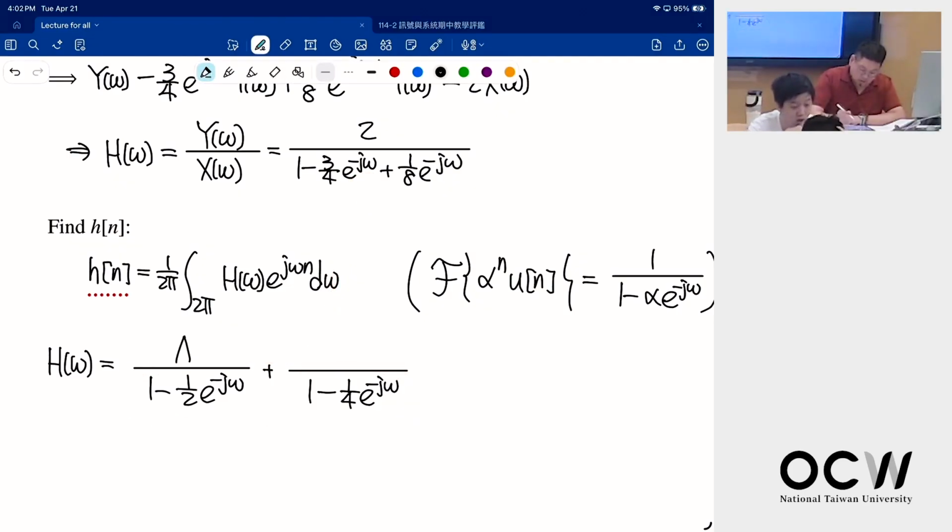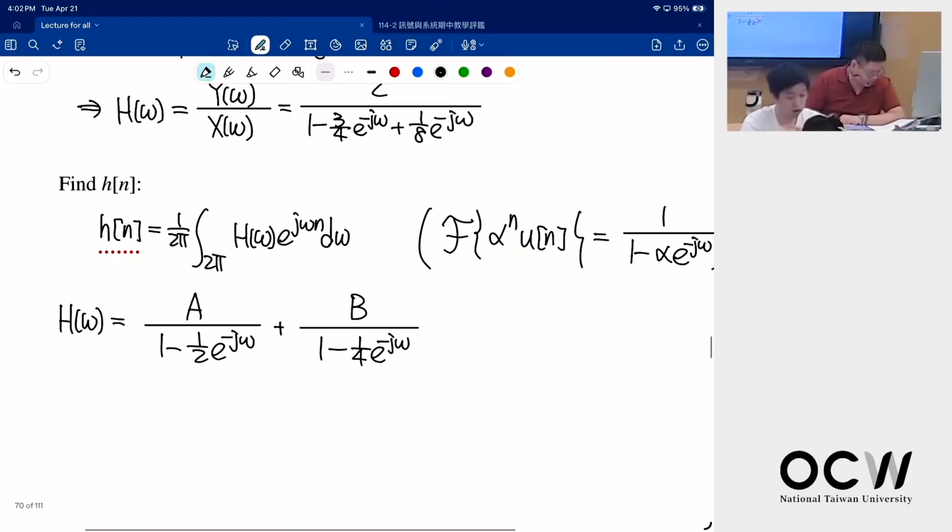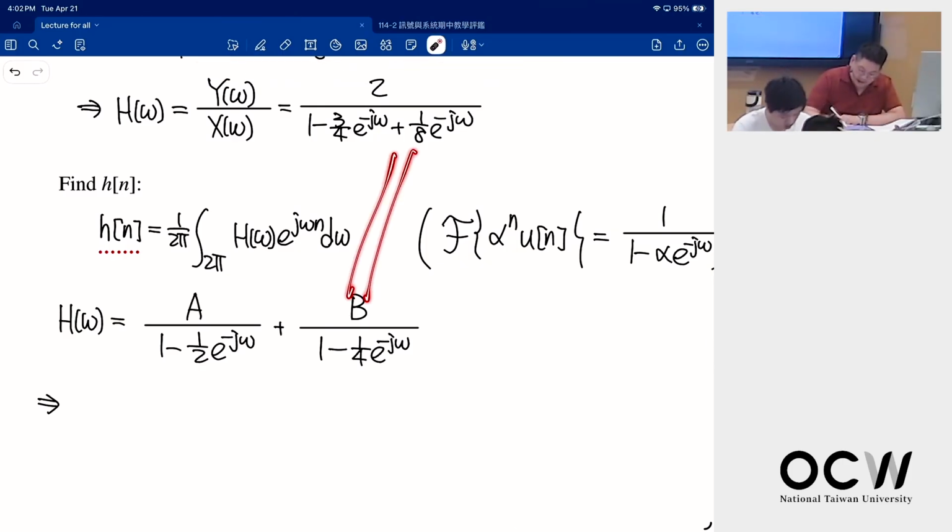So for the numerator, I have coefficients a and b. So in this case, it should be the same.